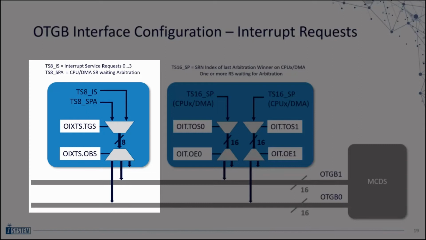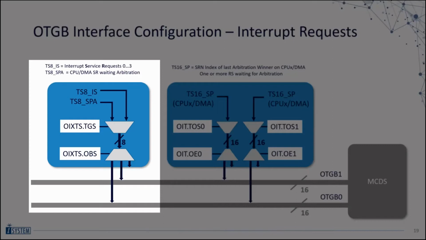Lastly, the trigger set TS8 interrupt selection shows active interrupt requests for any of 4 configurable interrupt service nodes. The main difference to the other 2 trigger sets is that it allows us to see if 2 or more interrupt nodes are waiting for arbitration by the same interrupt provider at the same time.